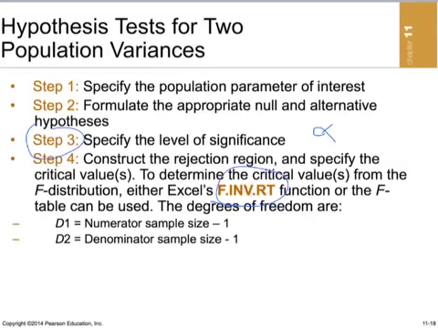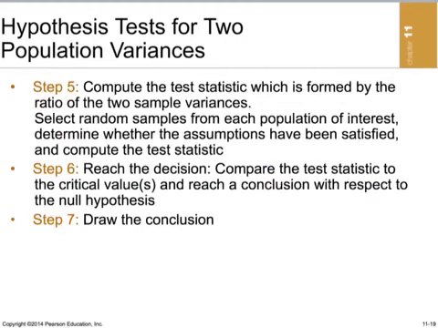If you use the F table, note the degrees of freedom D1 and D2: numerator sample size minus 1, denominator sample size minus 1, so N1 minus 1 and N2 minus 1. Once you have those, we compute the test statistic, which is formed by the ratio of the two sample variances. Select the random samples from each population of interest.